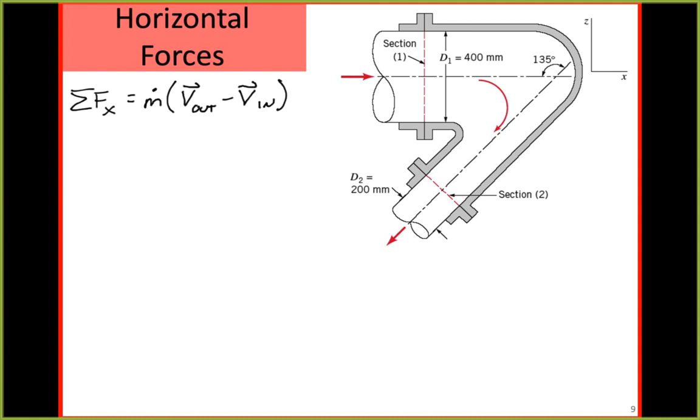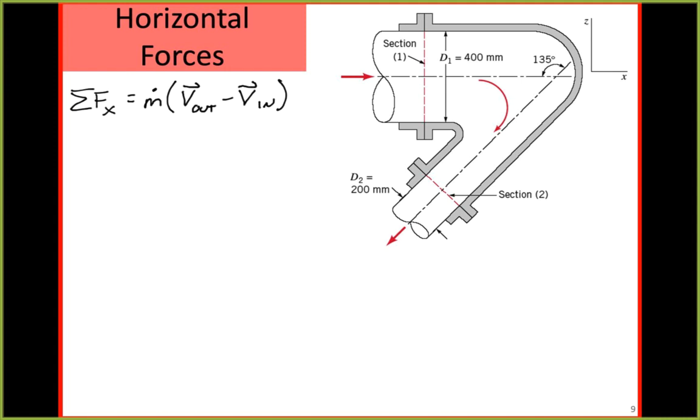Okay, so step one, we are going to draw a control volume. So we are going to somewhat arbitrarily choose what we want to analyze here, okay? So that we can split up the forces that are acting on it, which is the left-hand side, from what's going through it, the right-hand side.